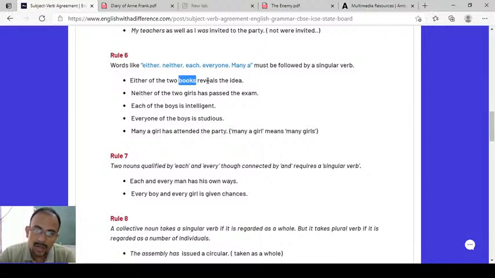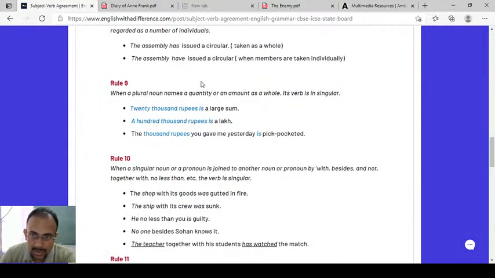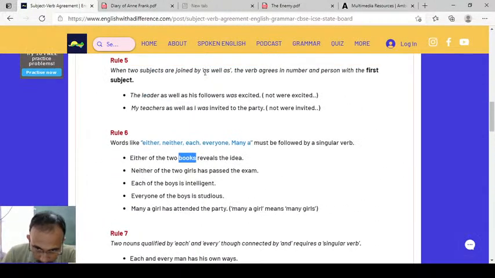Therefore, even though a plural subject is in close proximity to the verb reveals, in spite of that, the verb takes the singular form because the verb here agrees with the subject either, and not with the subject books, right? So please do remember that.